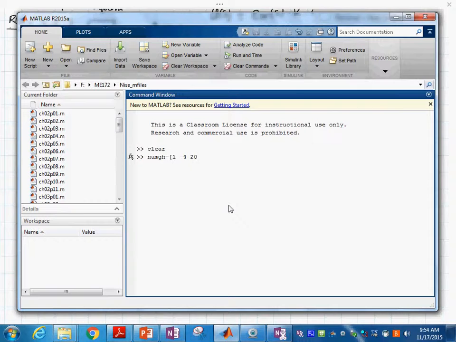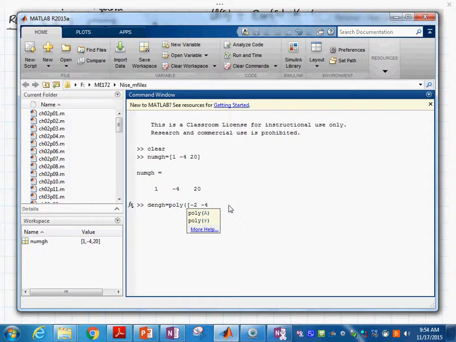Then return. So I got the numerator as a polynomial, but the second one is in factors. So the denominator of the transfer function is a polynomial of factors whose roots are, in this case, -2 and the other root is -4.